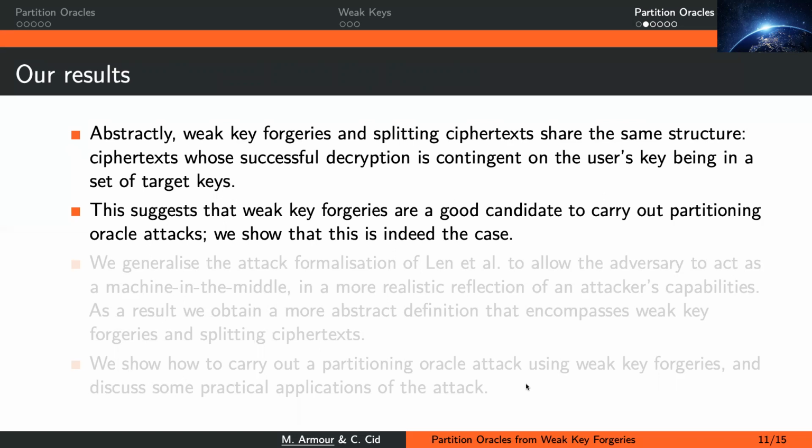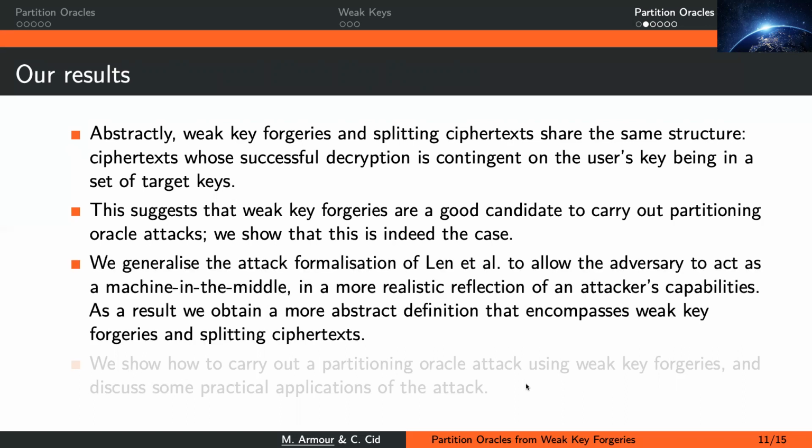And in our work, we show that this is indeed the case. So we generalize the attack formalization of Len et al. to allow the adversary to act as a machine in the middle in a more realistic reflection of an attacker's capabilities. As a result, we obtain a more abstract definition that encompasses weak key forgeries and splitting ciphertexts. So this was actually the notion of targeted multi-key collision resistance that I showed in slide 3.